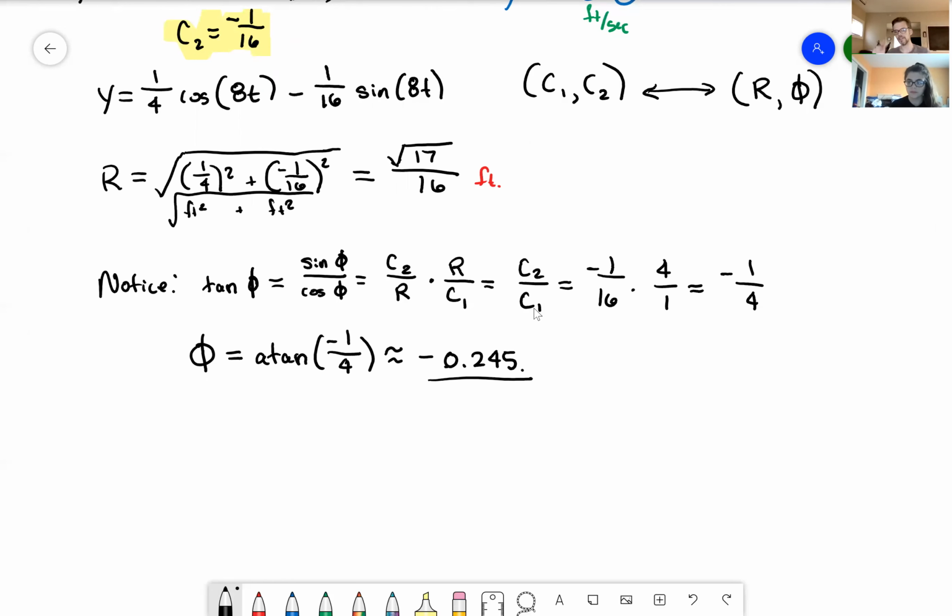So we're taking this oscillation and we're shifting it to the left by 0.245, in dimensionless units of cycles. So we're shifting it by that much of a cycle. This was our phase shift. This was our amplitude.